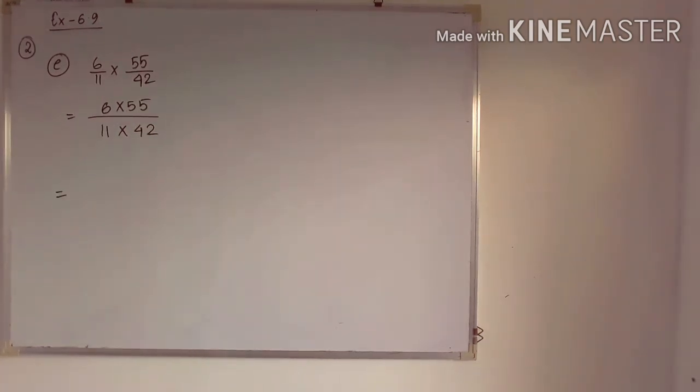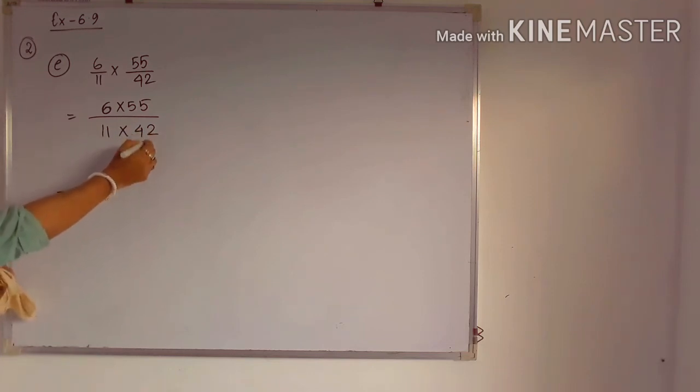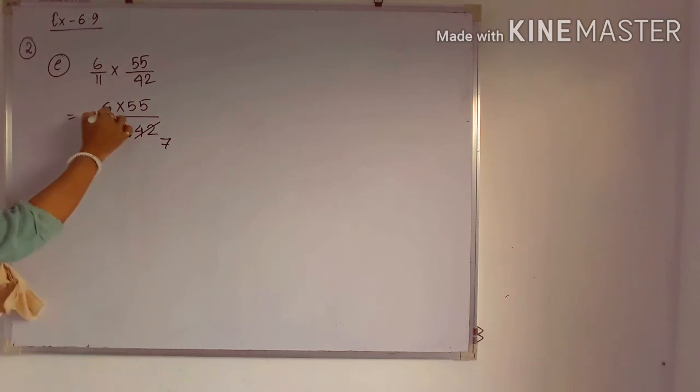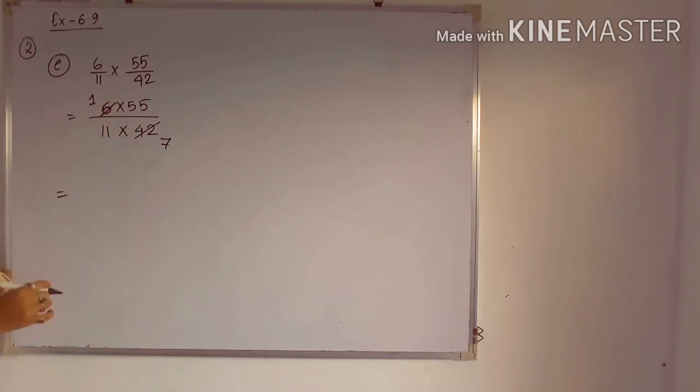So see students, the next question is number E. Here you can see 6 and 42 have a common factor. You can say 6 comes in the table of 6 and 42 comes in the table of 6. So we can cancel using the multiplication table of 6. 6 7s are 42 and 6 1s are 6. Similarly 11 and 55, we can cancel this part also.